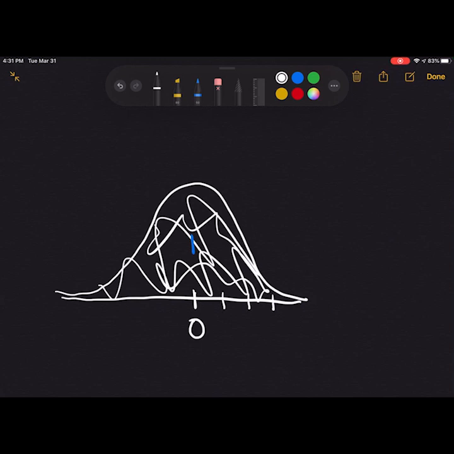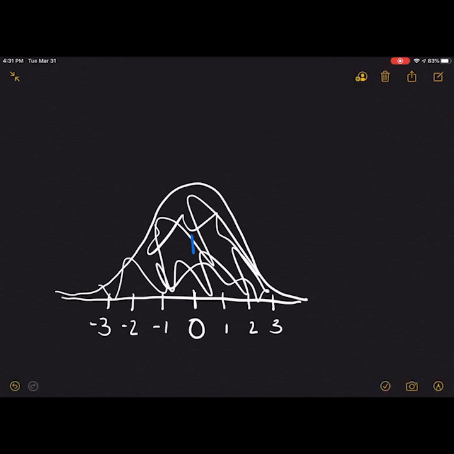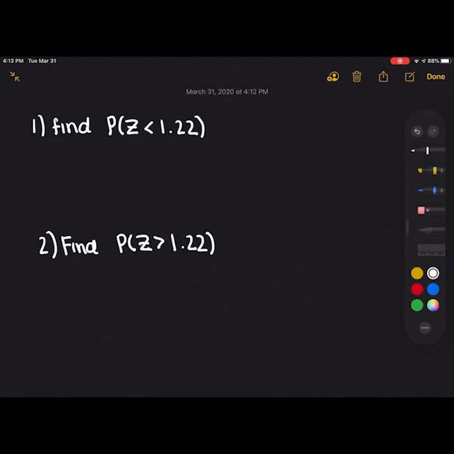And you're always 3 standard deviations away from the mean. So 1, 2, 3, and -1, -2, and -3. So the tips are going to be -3 and 3. The mean, the middle, is always going to be 0, and the area under the curve is always going to be 1. Now let's do some practice problems.